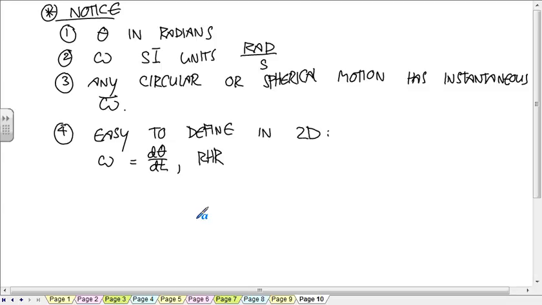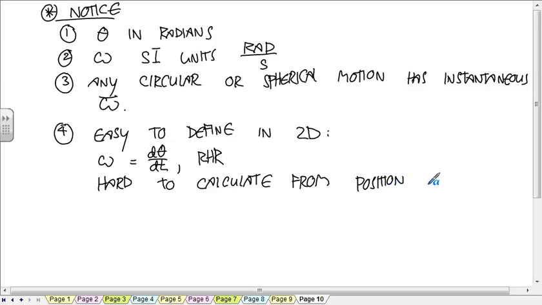But in three-dimensional problems, the angular velocity is just going to be something that you're given as a function or as a value. It's hard to calculate from position information in 3D.